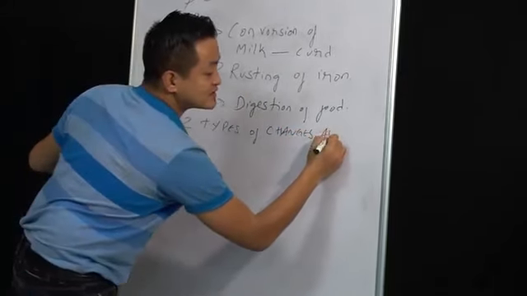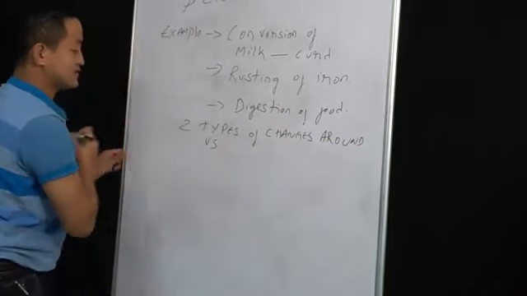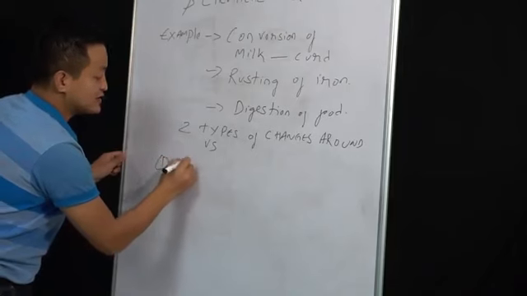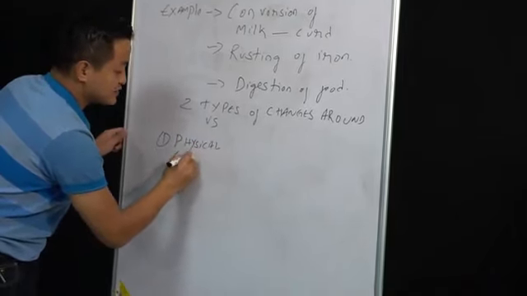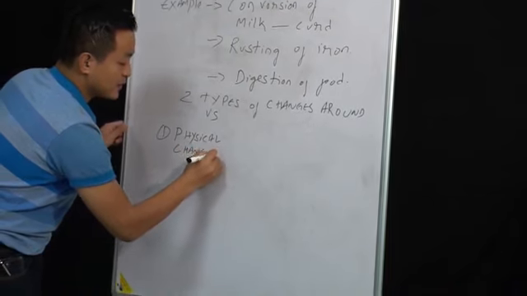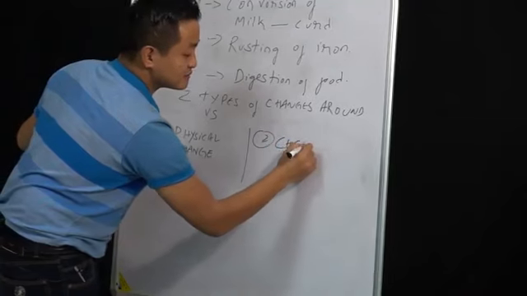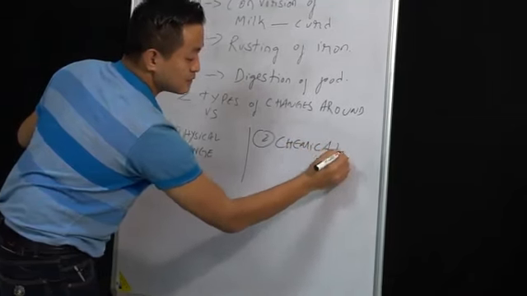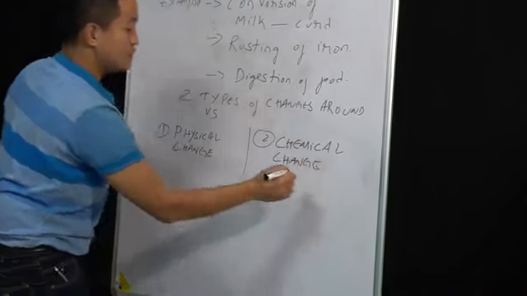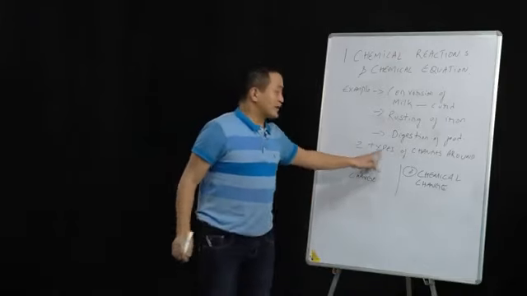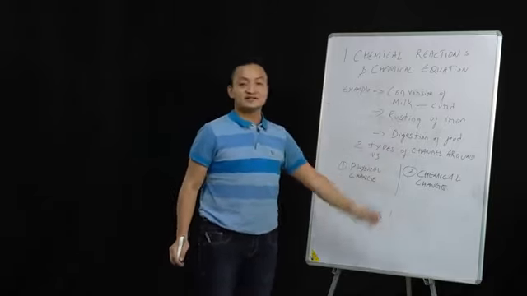One is a physical change, and the other is a chemical change. So two types of changes around us. First, physical change. Second is a chemical change.